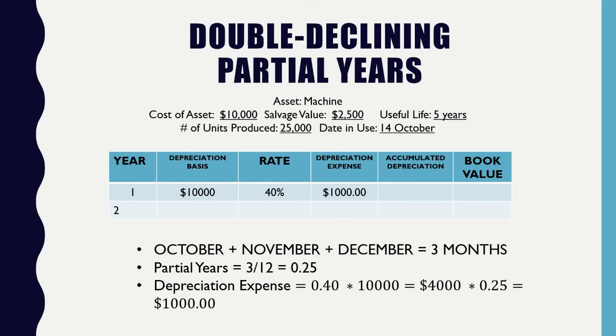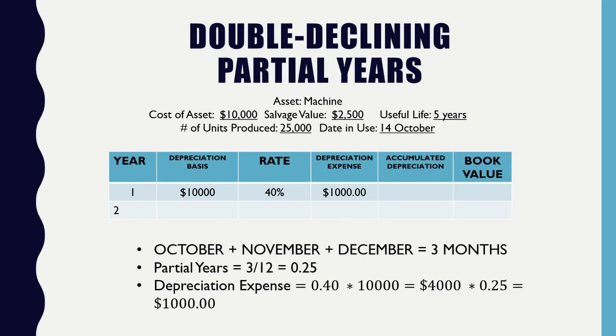Because this is the depreciation expense for the whole year, you're actually going to have to take the 4,000. The easiest way is to divide it by 12 and then multiply it by the number of months. Or as a fraction, I would take my 4,000, times it by 3, and divide the whole thing by 12, and I would get the same exact answer.